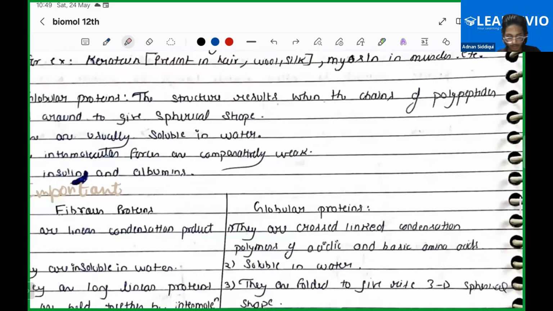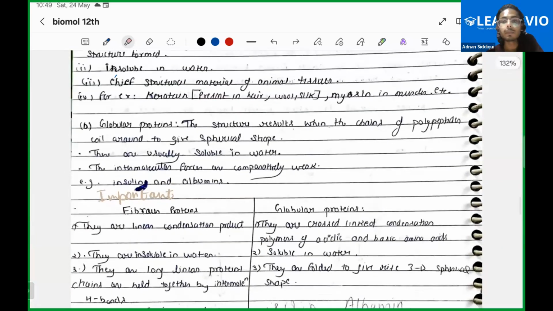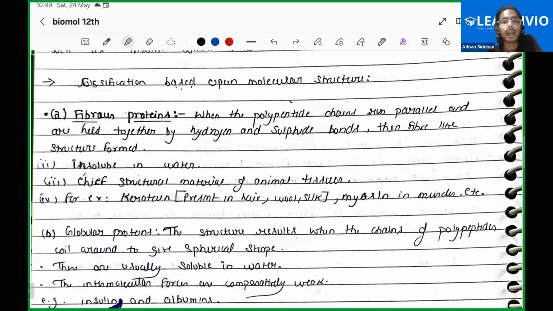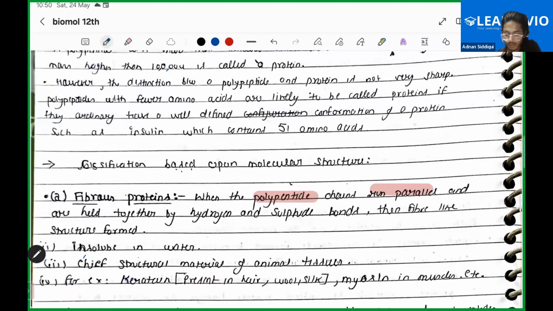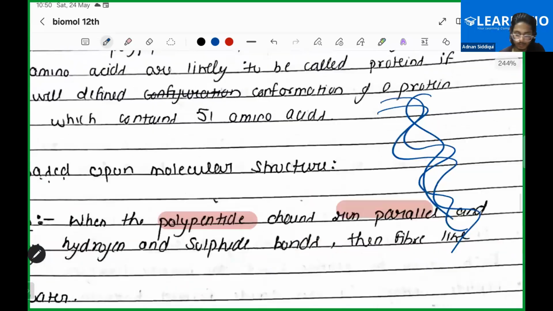Now, when polypeptide chains run parallel and are held together by hydrogen and sulfide bonds, they form a fiber-like structure. And this is fibrous protein basically. What do we mean by polypeptide chains running parallel? Suppose this is my long chain consisting of 10 or more amino acids, and they are running parallel to each other in a straight manner.